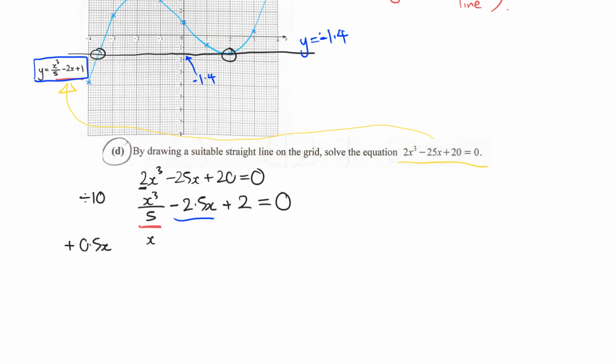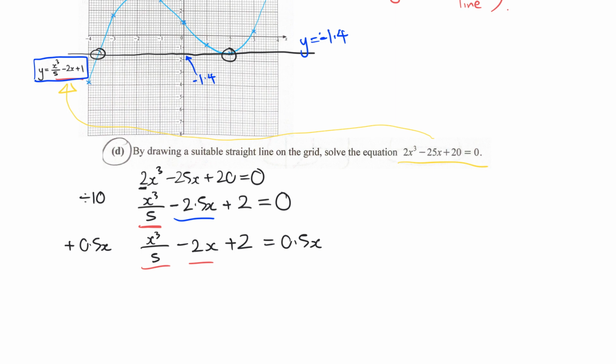Once I do that, I'll get x cubed over 5 minus 2x. Sorry, I shouldn't write 2.0, that's confusing, just 2x, because I've added 0.5x there, and the 0.5x is added to the right hand side as well. Bring down the plus 2. So far, 2 terms, exactly the same as our graph.